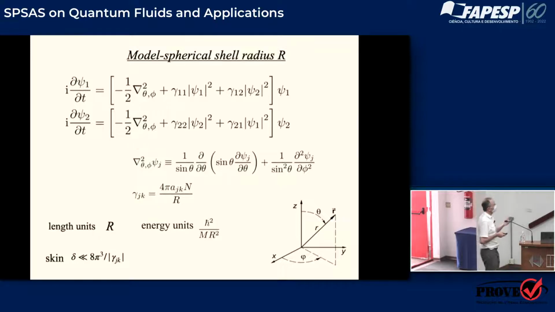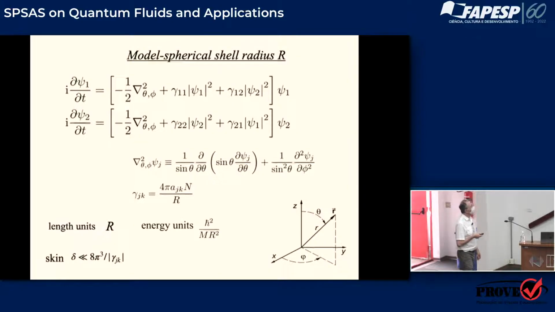There are some analyses in our work showing that this skin, this delta, should be much smaller than 8 pi square over the interactions. And if you consider this distance in length units of R, it is very small. So if you have a very small skin, you can also neglect the term in R.